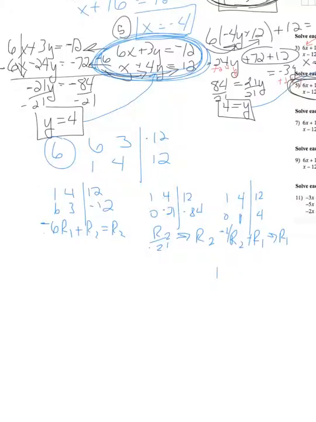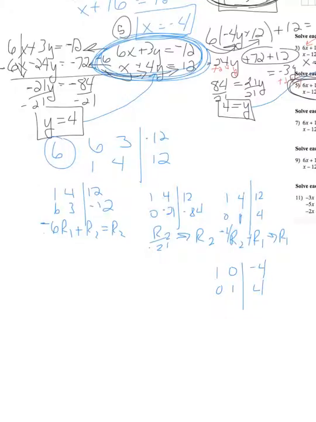Now I'm going to take this one, multiply it by -4, so that'll be -4, add it to this 4, so that will be 0. Now I'm going to take this row 2 times -4, so that'll be -16, add it to this one, so -16 plus 12 is -4. And then the bottom row we didn't do anything to.